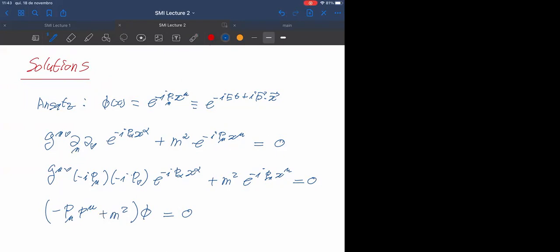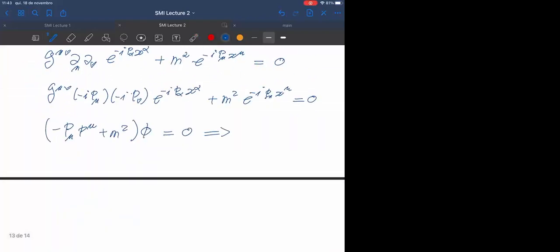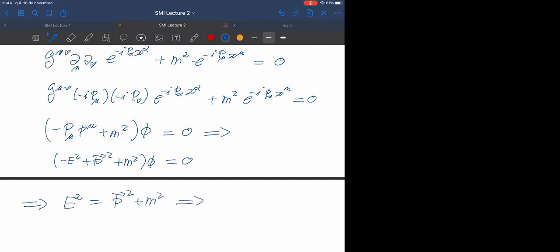Which means that what you get here is minus E squared plus p squared plus m squared phi equal to 0. Then you get that E squared equals p squared plus m squared. Then we have two solutions, and this is what you may have been expecting to see: E equals plus or minus the square root of p squared plus m squared.